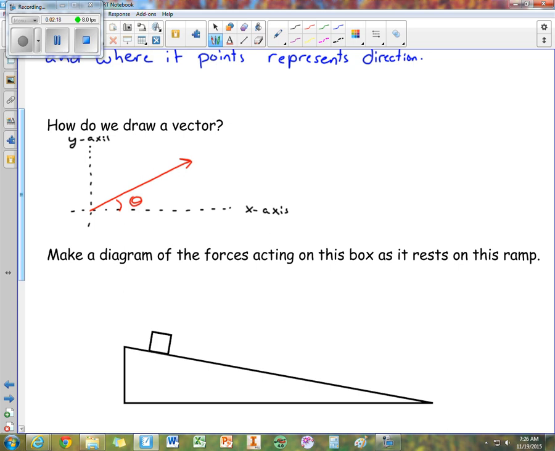And the way I would label this, I would say this is a force, and I would put a little tiny vector sign above the force symbol just to show that this is a vector. So this is how we would draw a vector, and we would want to use a ruler to carefully measure out its length, and a protractor to carefully measure out its direction.